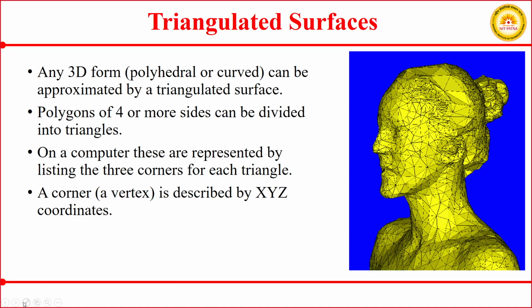Before going into this, let us look at the figure on the right hand side. You can see one 3D diagram, maybe a human structure, and this figure has been divided into triangular shapes. There are different types of triangles, some small and some bigger.